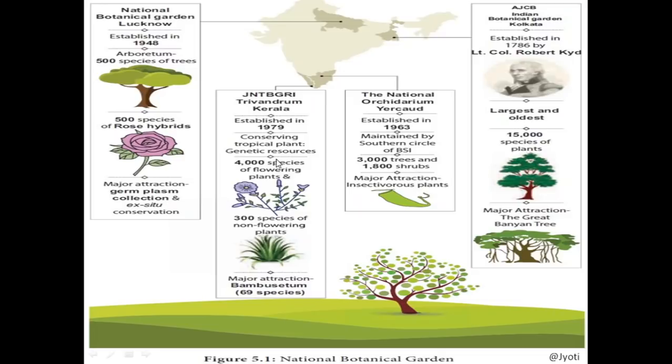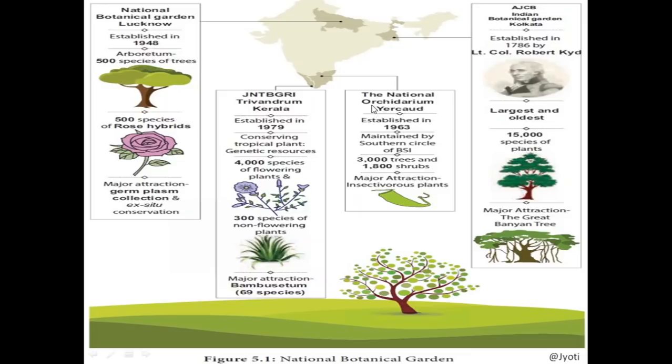It conserves 4,000 species of flowering plants and 300 species of non-flowering plants. And what is the major attraction? Bamboo setum. बamboo family का जो bamboo category का 69 species आपको देखने को मिलेगा. ठीक है. Then come to the national orchidarium.